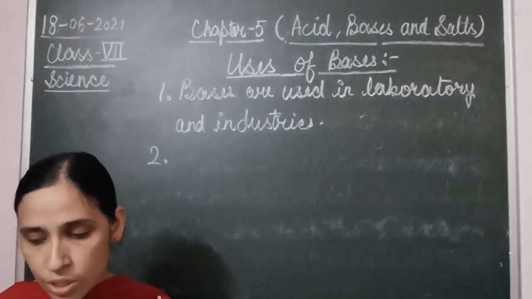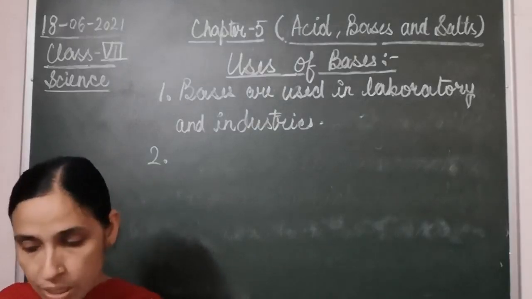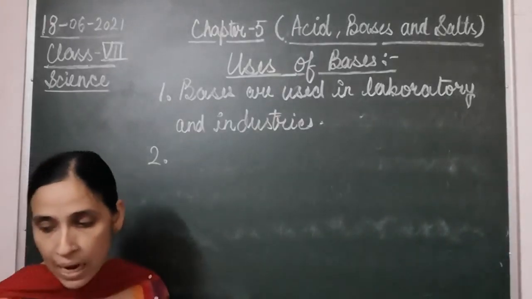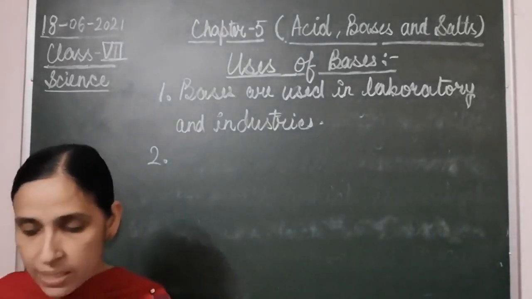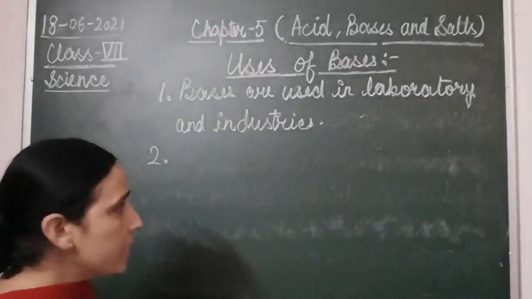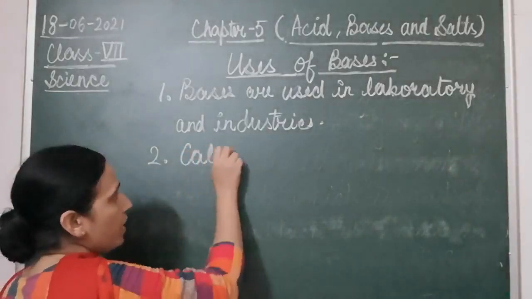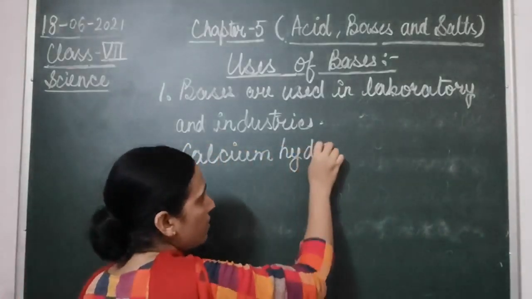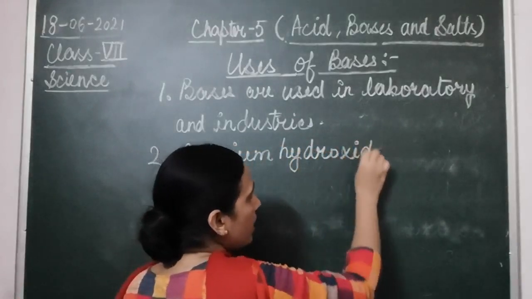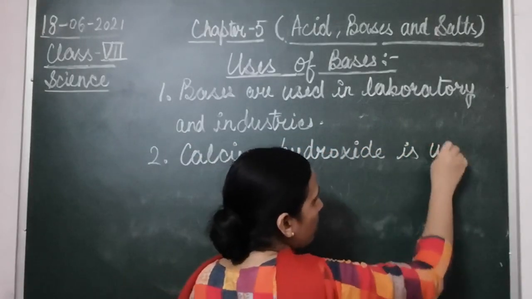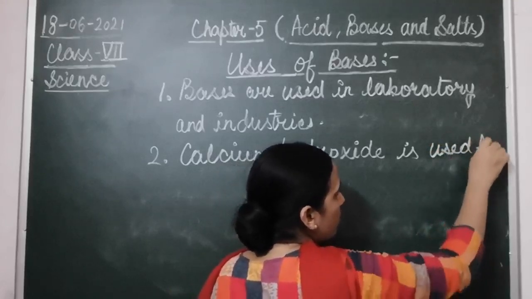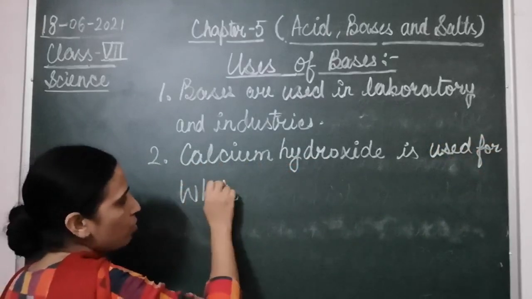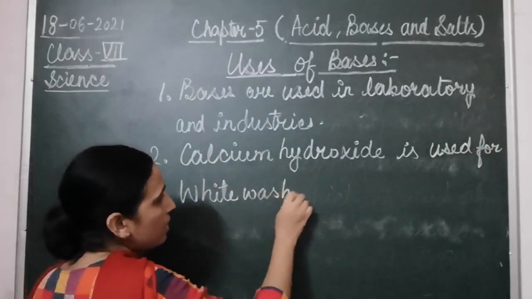Number 2: calcium hydroxide is used for whitewashing. It means bases are used for whitewashing, for coloring also, and also to neutralize the acidity of soil. So what will you write? Calcium hydroxide, which is a base, is used for whitewashing.